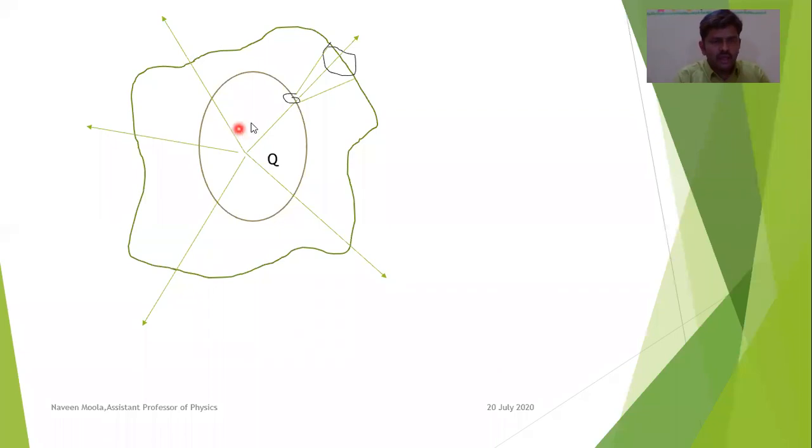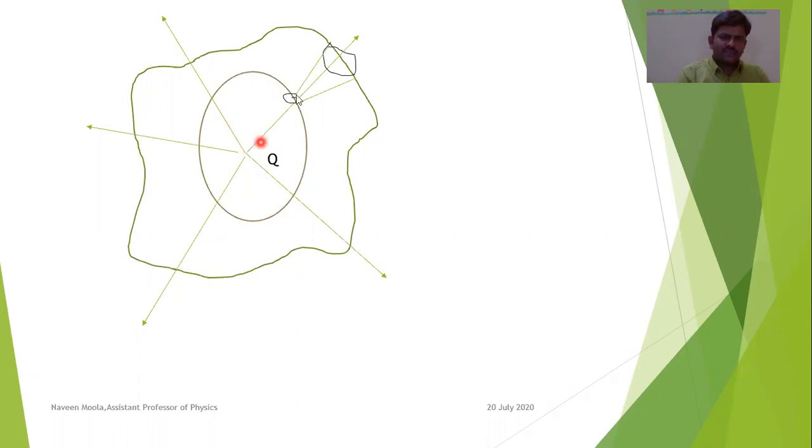This outer layer is an asymmetrical shape. Let us say here a point charge q, or a number of 5-6 charges, are within this shape, and because of them we need to calculate the electric flux coming out of this asymmetrical shape.